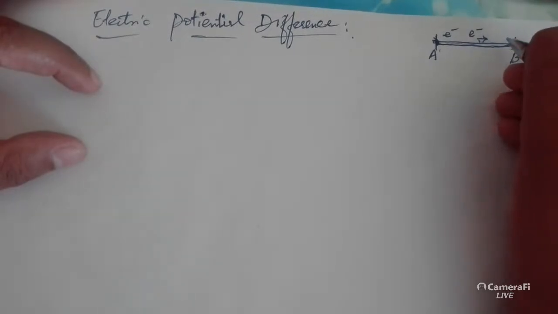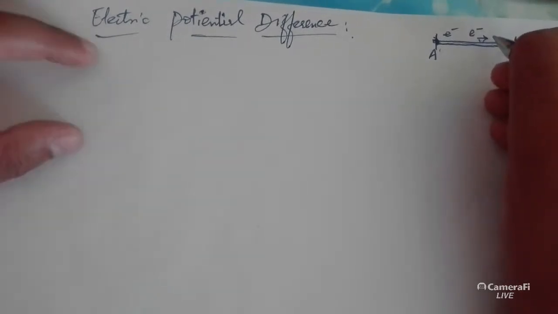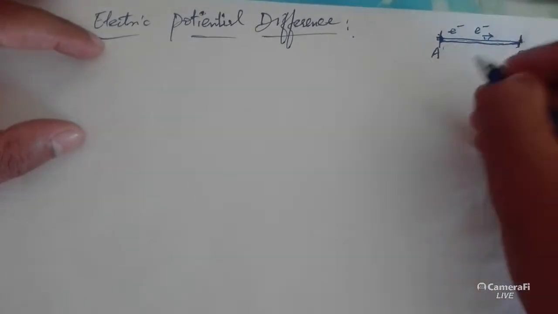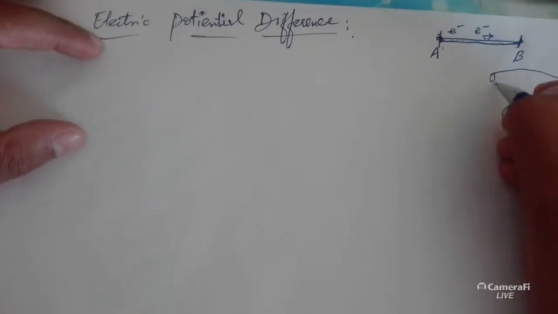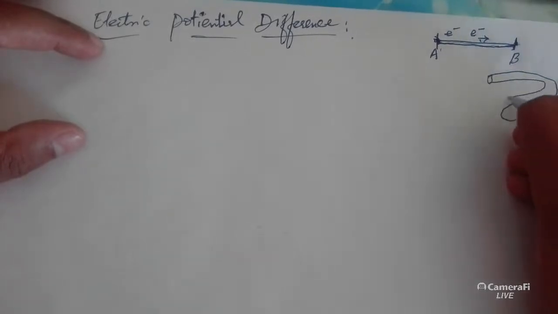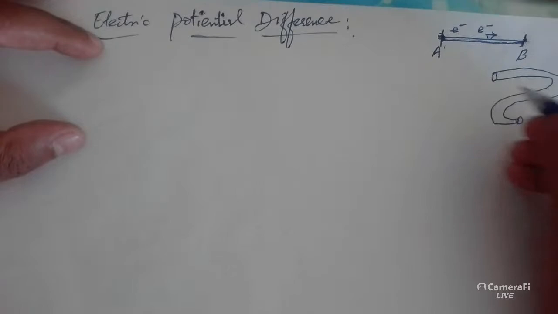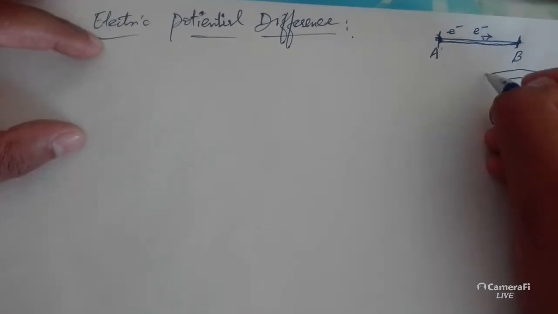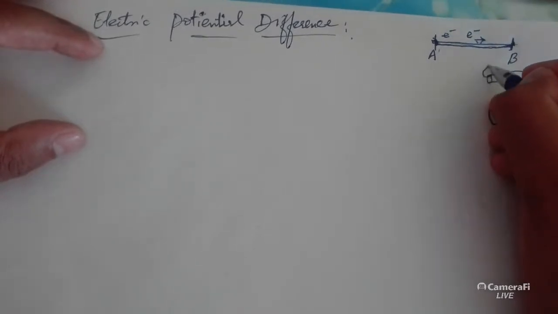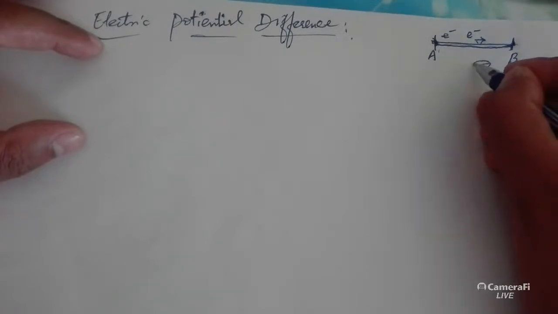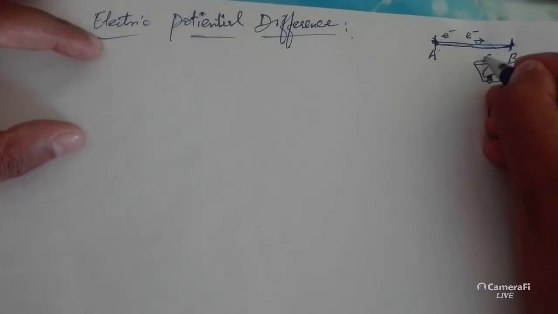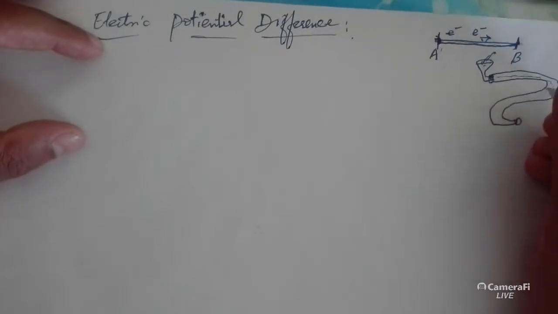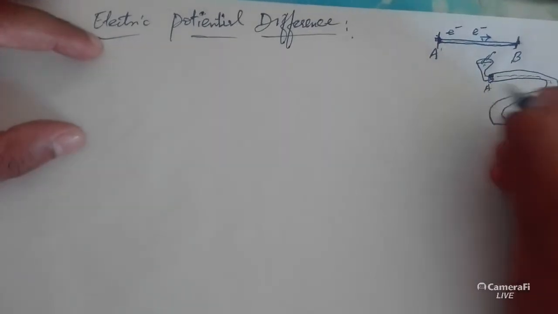For example, we can take the example of water also. When the water is flowing in a tube, for example, this is a tube, why will water flow from here? If I put the water here, I will use one small funnel, and using this funnel I will insert the water in this tube. Why will the water flow in this direction, from point A to point B?